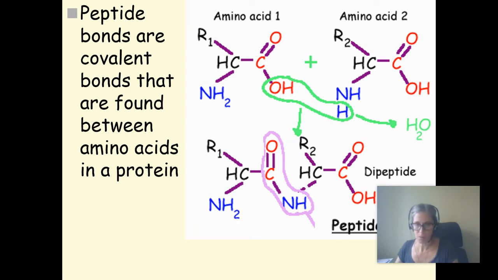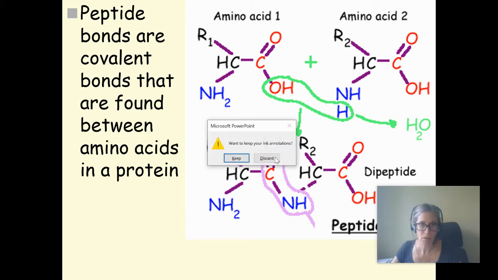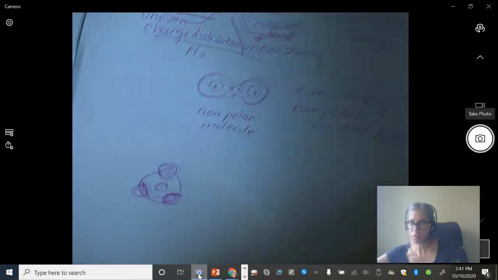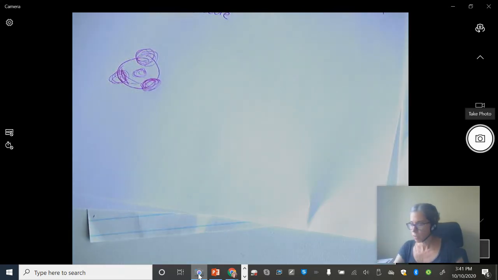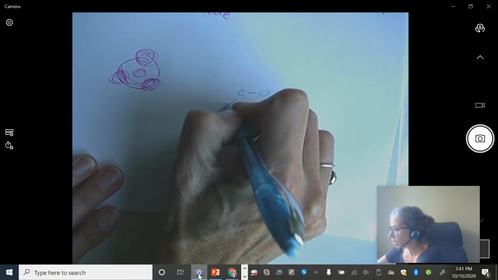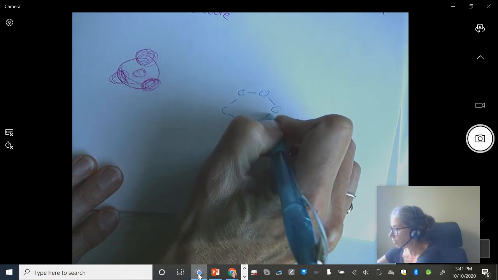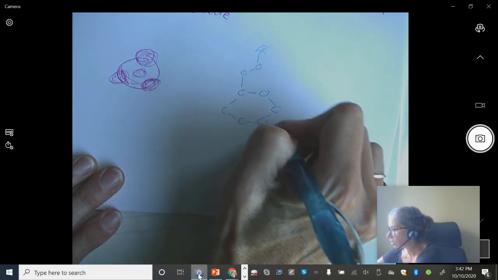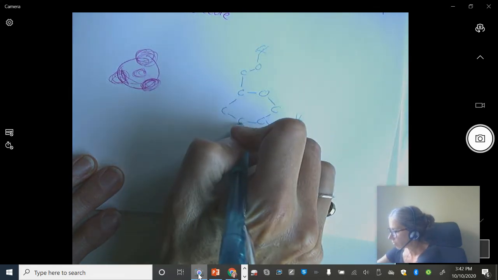So let me kind of back up and show you one other thing here. What you would see with covalently bonded molecules like sugar, for example, carbon, oxygen, carbon. So what I'm drawing is kind of a lame picture of glucose. I'm not going to draw all the H's, but what they have is a bunch of hydroxyl groups.